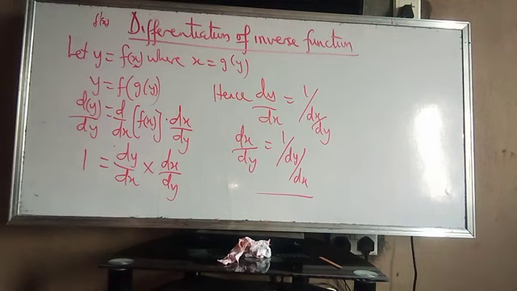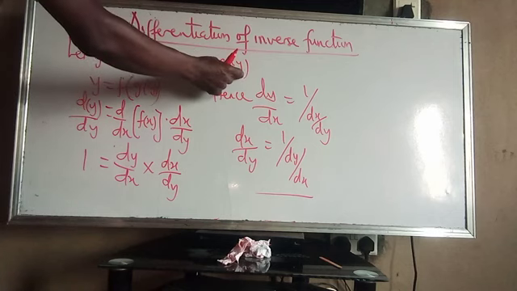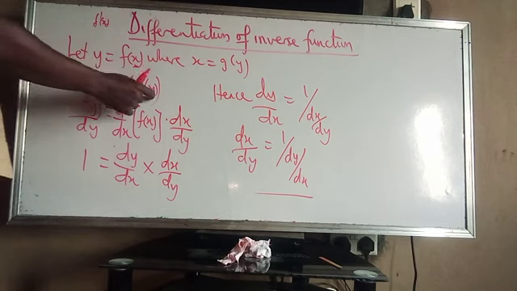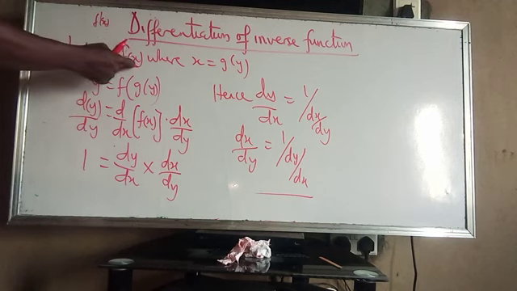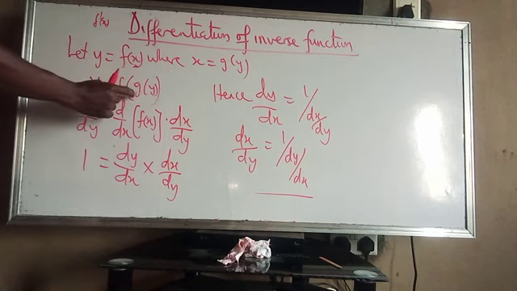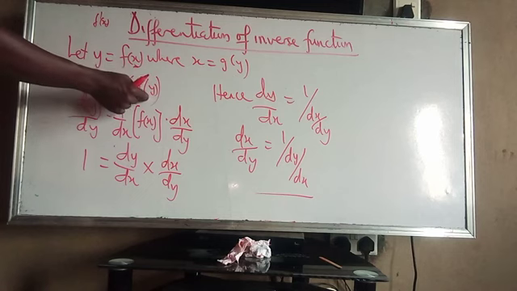I repeat again, y is a function f of x where x is g of y. Now you replace x by g of y here. But take note, if you want to differentiate y with respect to x and x with respect to y, the combination of this function itself is f of g of y. This is f of x, but x has been replaced by g of y.